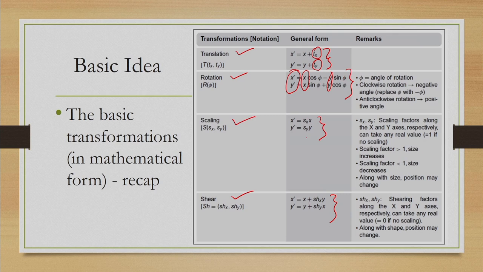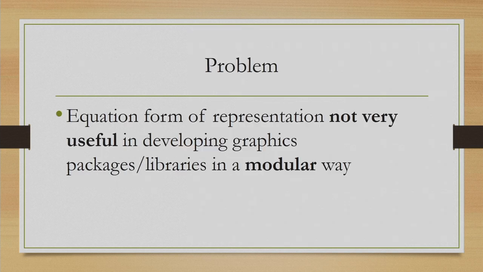Sx, Sy are the scaling factors along the x and y directions respectively, and Shx, Shy are the shearing factors along the x and y directions respectively. So, as we have shown, we can actually use these equations to represent the transformations.